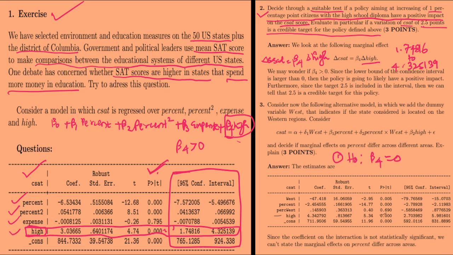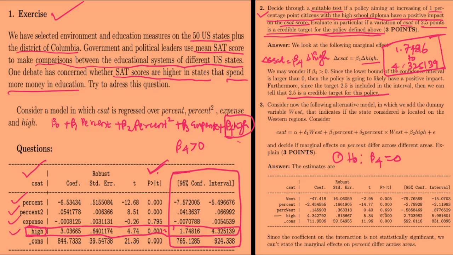Our coefficient for beta 4, 3.03, lies within the confidence interval. So this policy is likely to have a positive impact. And is a variation of CSAT of 2.5 points a credible target for the policy defined above? Yes, it will be, because that lies within this confidence interval. So 2.5 is a credible policy.